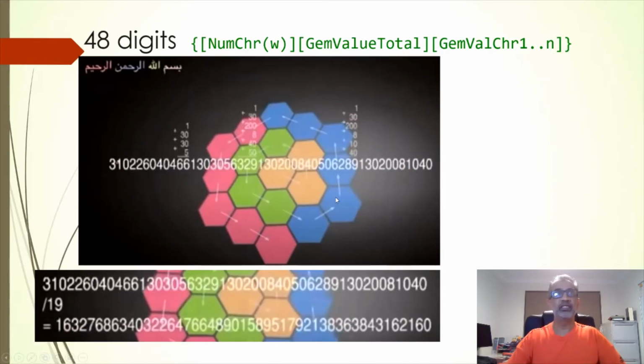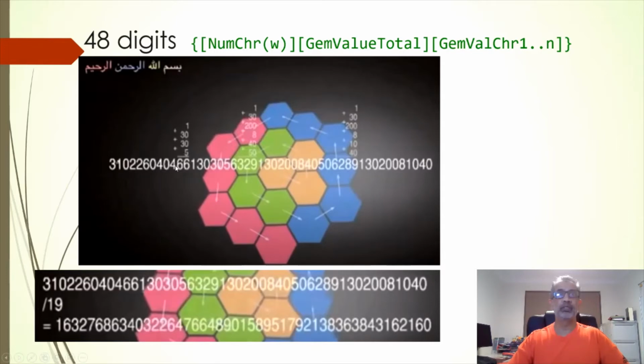Now the next sequence he does is a 48-digit number. Now this is phenomenally long, right? But you can see what he's done there is basically the number of characters in the word, which is 3 in the first one. Then he has got the geometrical value, 102. And then for each of the characters, it puts the geometrical value of the characters in there, 22, 60, and 40.